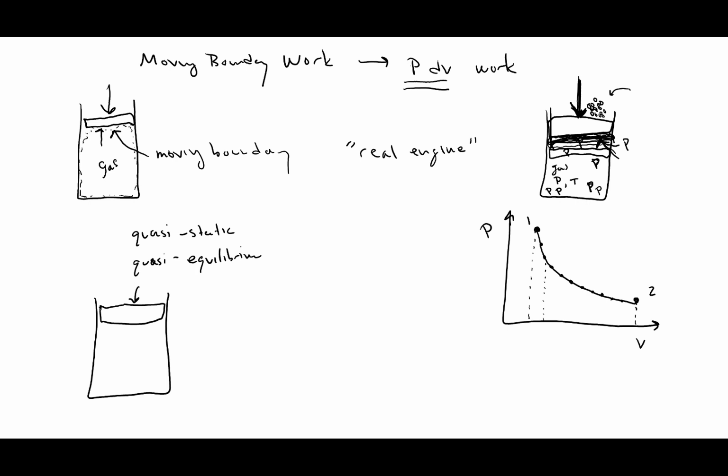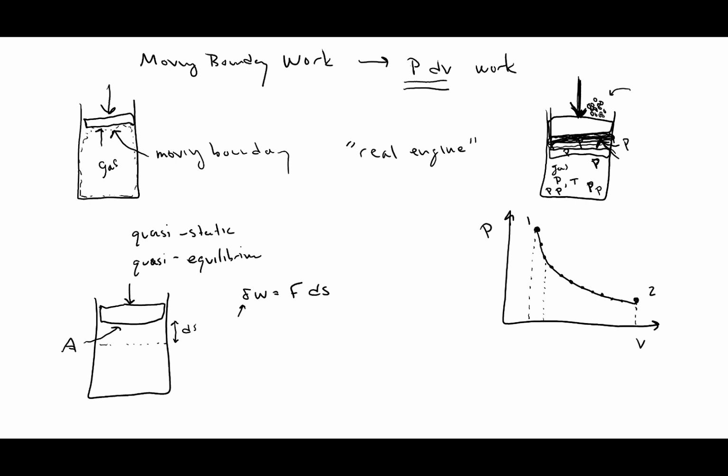So first of all, let's say that we have some force, and we have the area of the piston. So if we look at the piston face, we have the area, and we have some distance ds that the piston is pushed. So if we assume that this is a quasi-equilibrium process, then we can say that the work is equal to F ds, so the force times the distance.